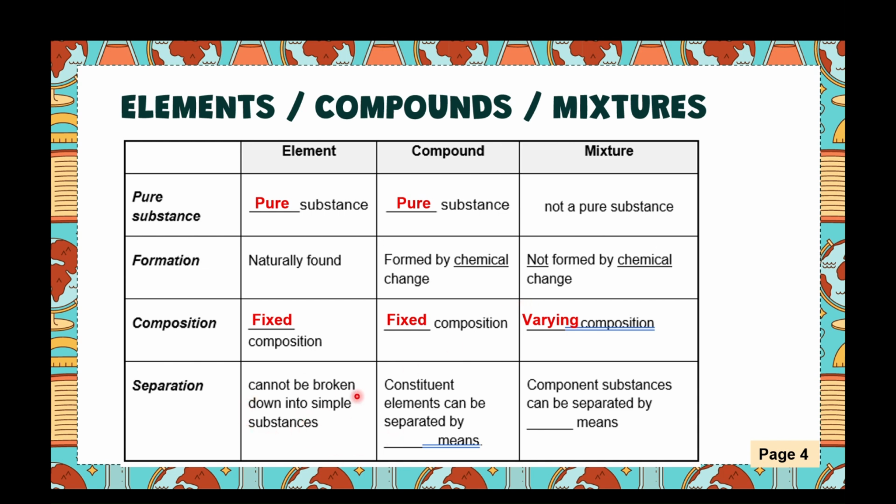Elements cannot be broken down into simpler substances. Compounds, on the other hand, we can separate into constituent elements by chemical means. Mixtures can be separated into the component substances by physical means.